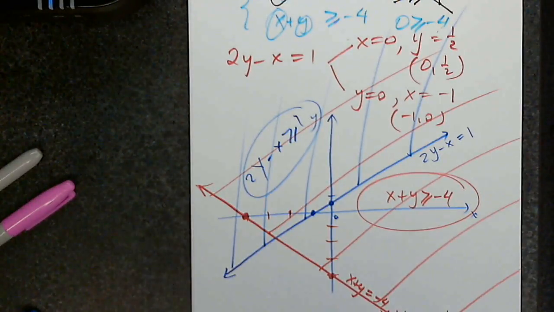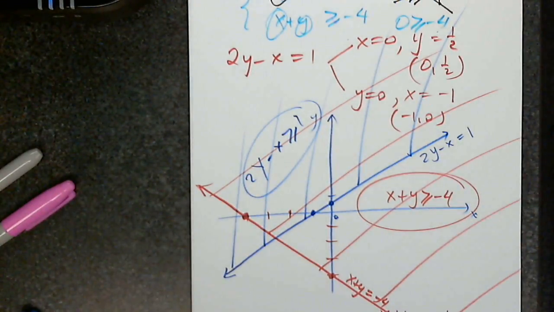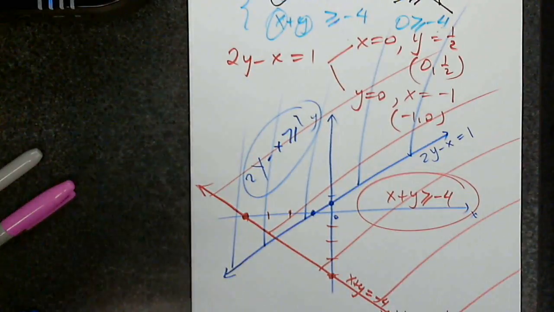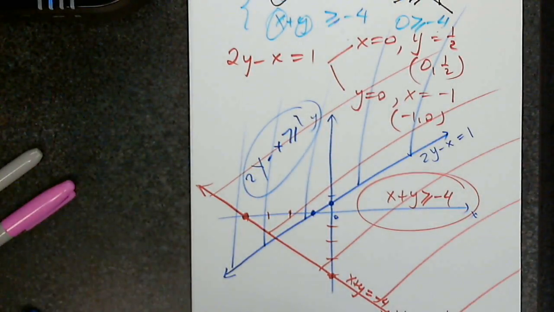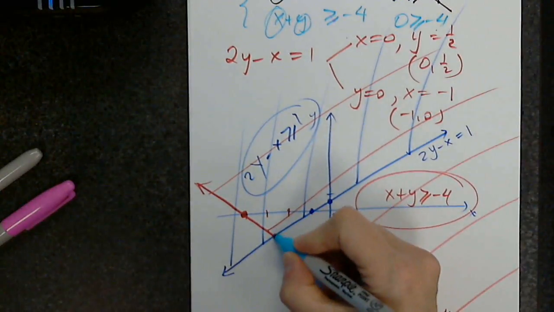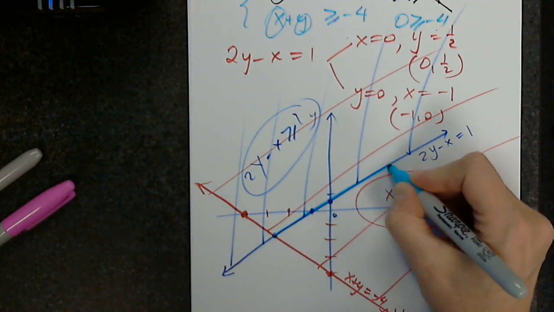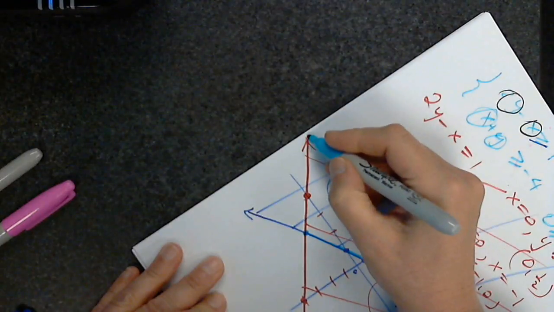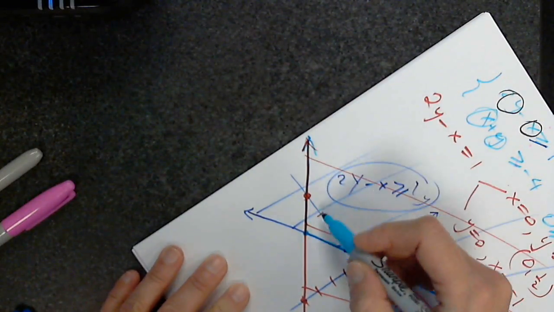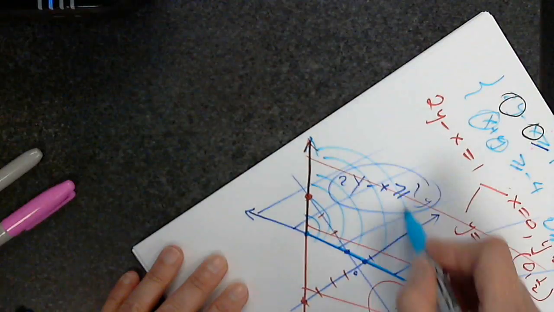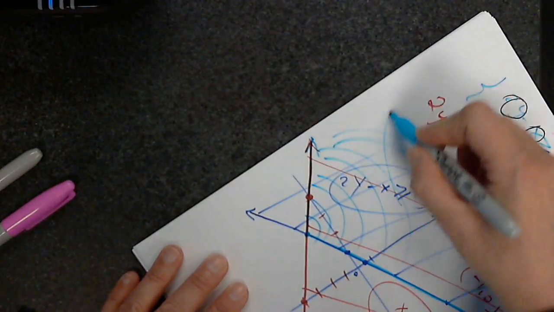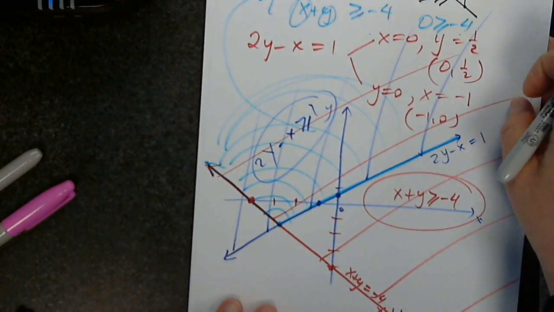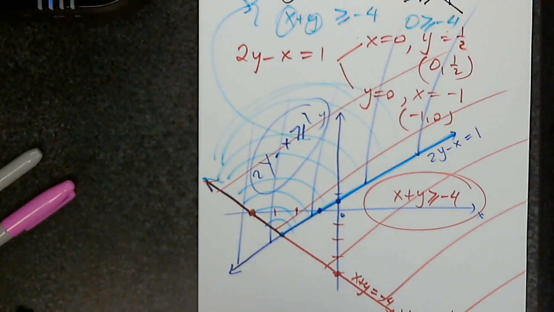At this point, I'm trying to find a common territory where I see blue and red at the same time. Well, I see blue and red at the same time all over here, this line, and everything in between. So this is both at the same time.